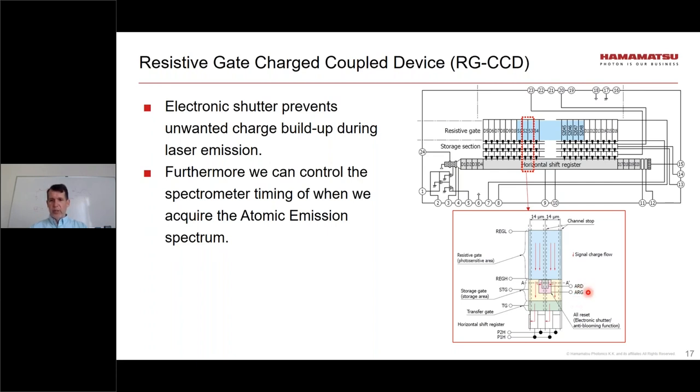By controlling these two timing signals, we can essentially dump the excess charge that's generated from unwanted signal, such as the bright laser pulse or the continuum emission that we saw earlier. We can keep the CCD in this sort of reset or cleared state until we want to gate it on to collect the atomic emission spectrum.